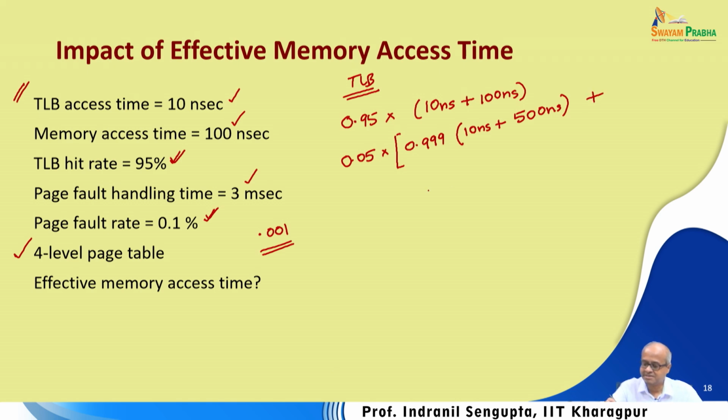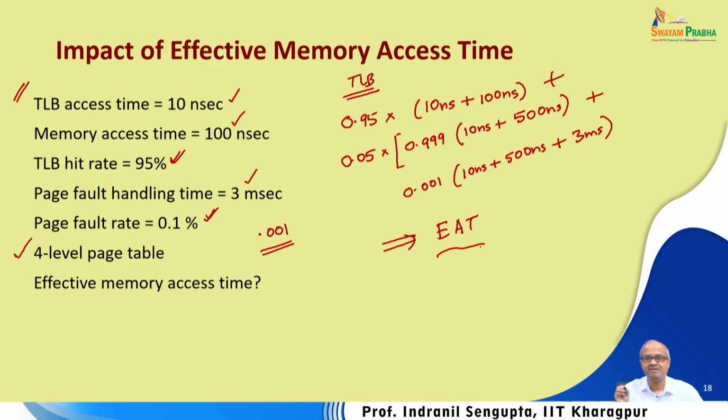But if it is not there in memory, there is a page fault, 0.001, this will be multiplied by 10 nanoseconds, you access the page table 500 nanoseconds and finally you find that the page is not in memory. So, you will have to transfer the page, that will take 3 milliseconds. So, if you add these things up, whatever you get will be the effective access time.